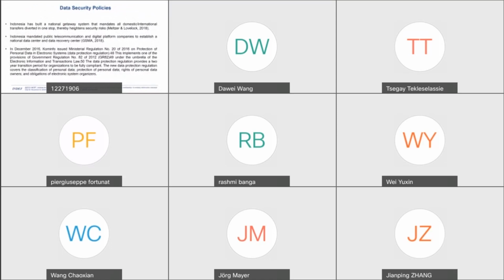However, the Indonesian government has issued some regulations. For example, Kominfo issued ministerial regulation number 20 of 2016 about personal data protection in electronic systems, and then it is also implemented in the province through governor regulation number 82 of 2012.